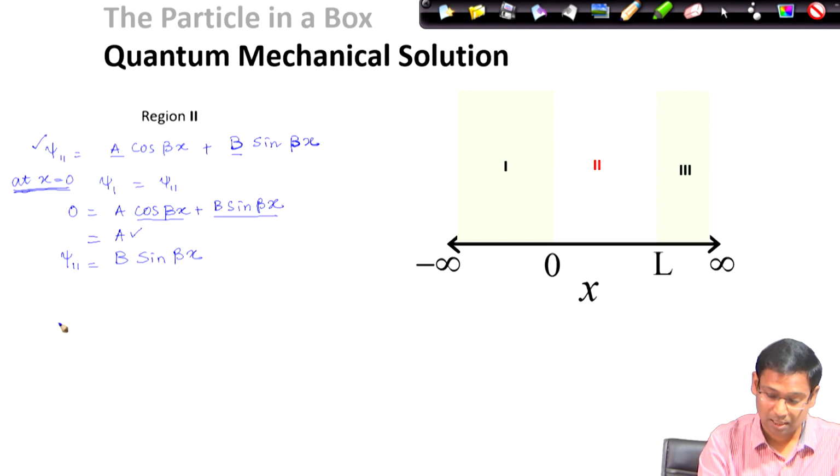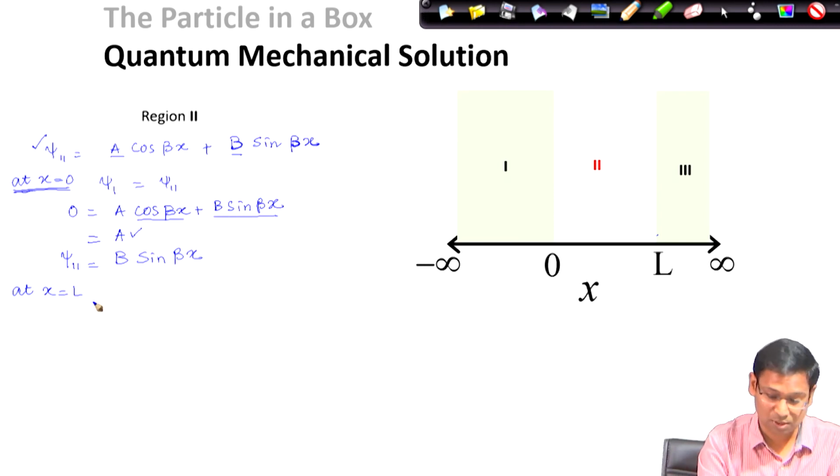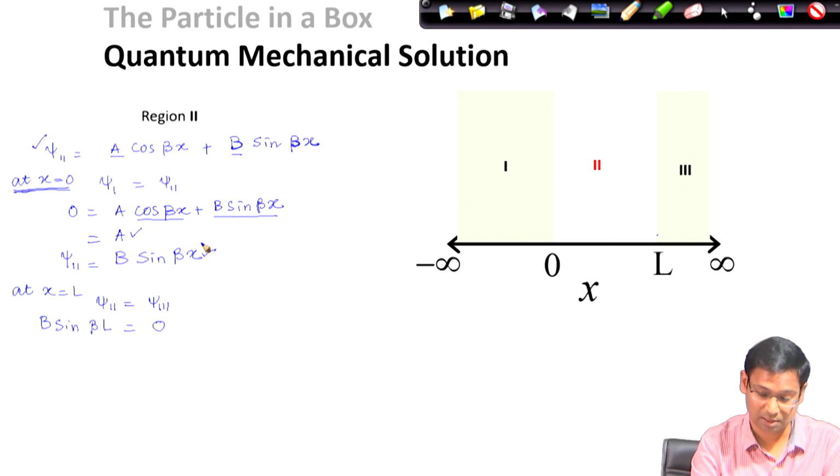Now, I will look at x equals L. What happens at this region? In this region, psi 3 and psi 2 are operative. So, at x equals L, psi 2 should be equal to psi 3, but we know psi 3 is 0 throughout. So, therefore, B sine beta L, where I used x as L, is 0.